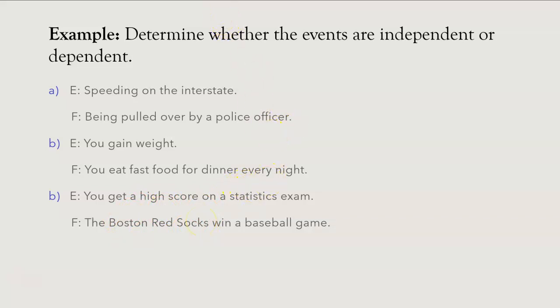And in this case, these are independent events. So I'm going to write an I right here for independent events. All right, so part A was dependent events, part B was dependent events, and part C, this should be part C, is independent events. Let me know if you have any questions about these.